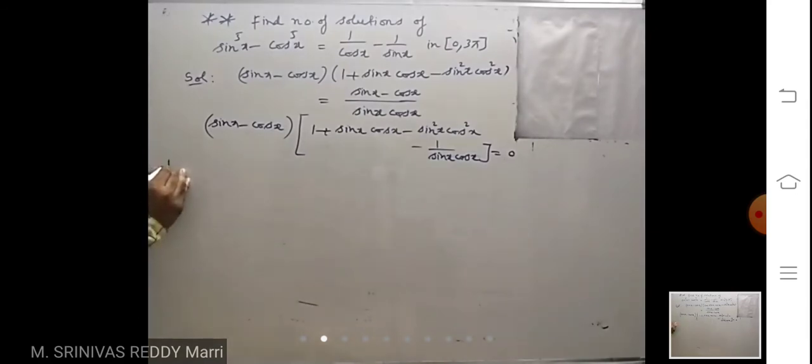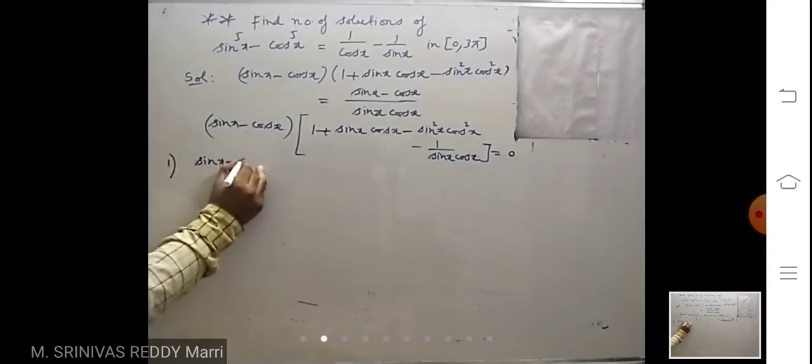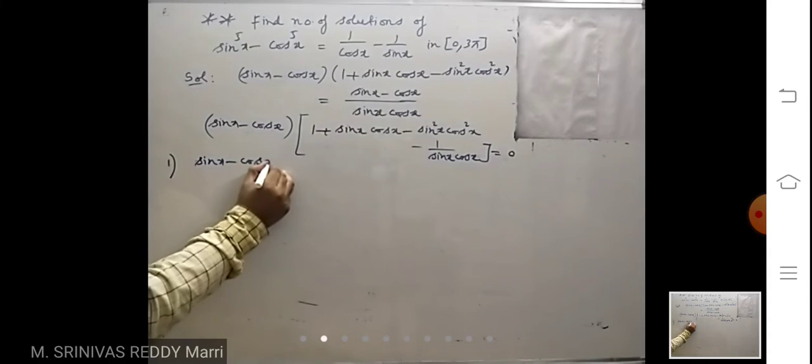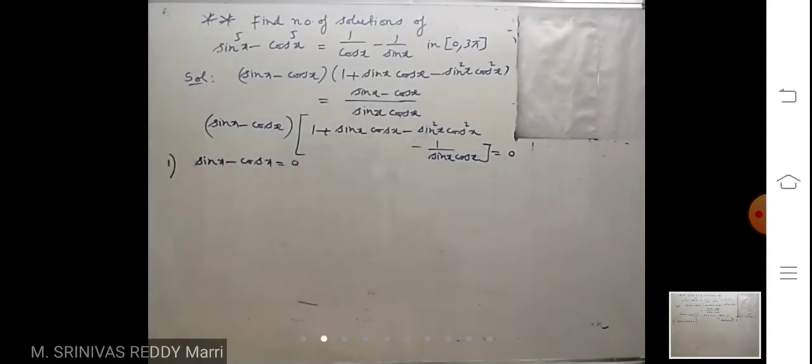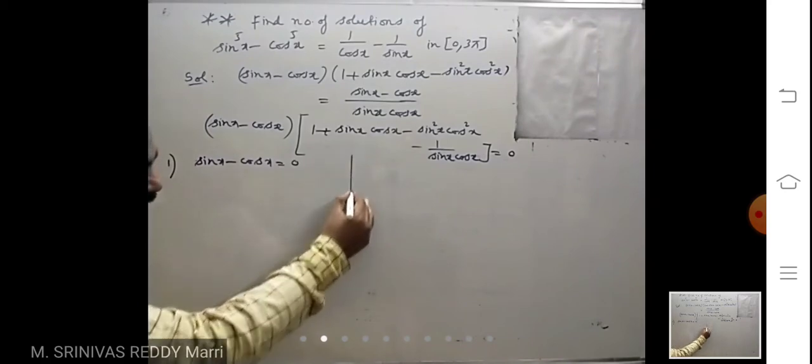Now first case. You will get sin x minus cos x equal to 0. This is the first case.